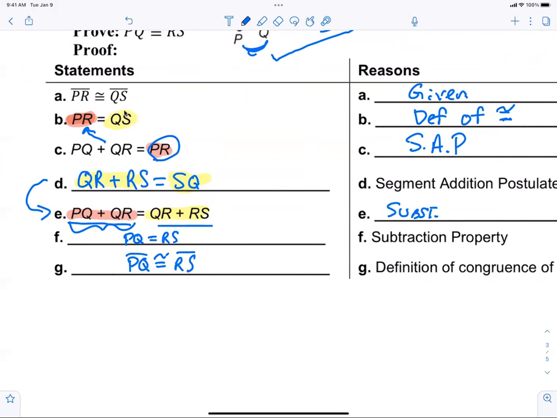Now let me say something else too, because this is kind of annoying and it's just technical things. I'm not as technical for you because, in the grand scheme of things, it's not that important, but I would like to point this out. Equals is referring to lengths. Congruence is referring to segments. Hopefully that makes sense.